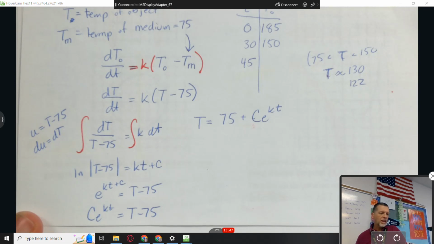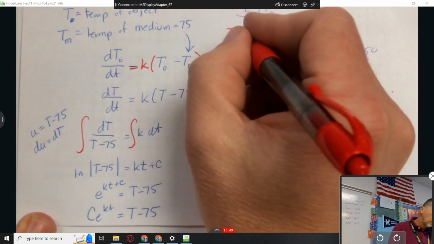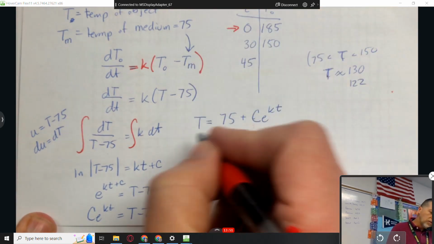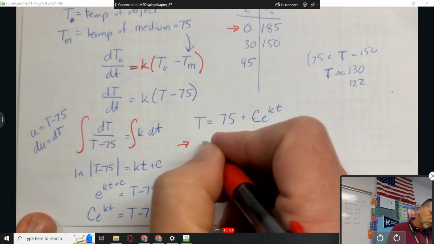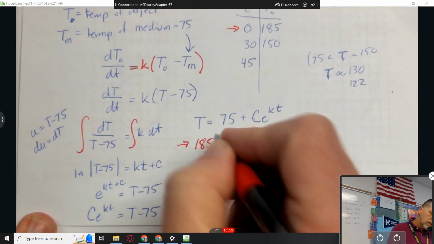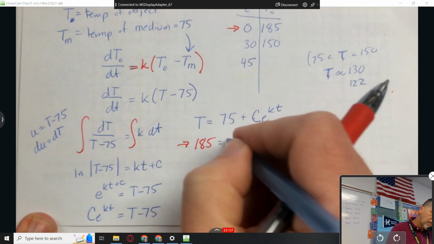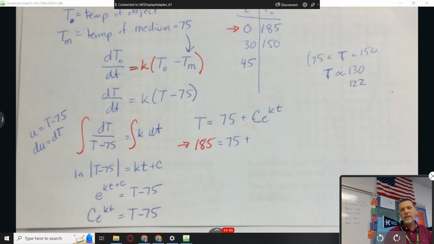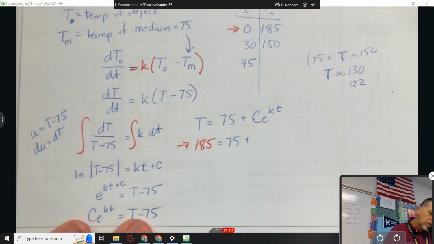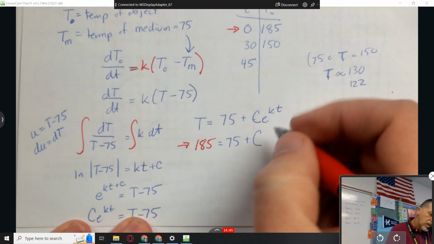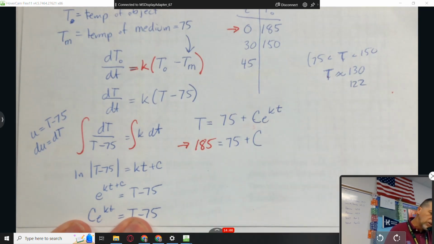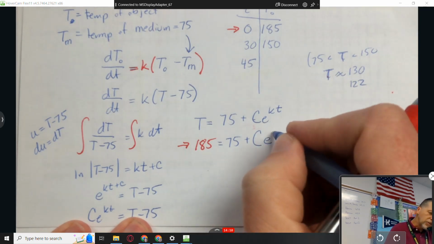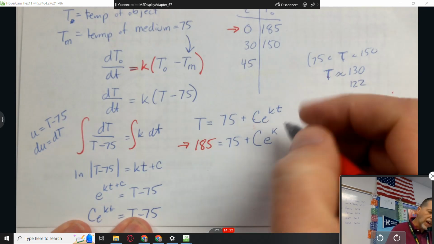And once again, I've got 2 points to help me solve my 2 unknowns. So the temperature is 185. Be careful, C is not 185 on this one like it was on some of those previous ones. It's 110. C is sort of the initial, not the initial temperature, but the initial difference, I guess.